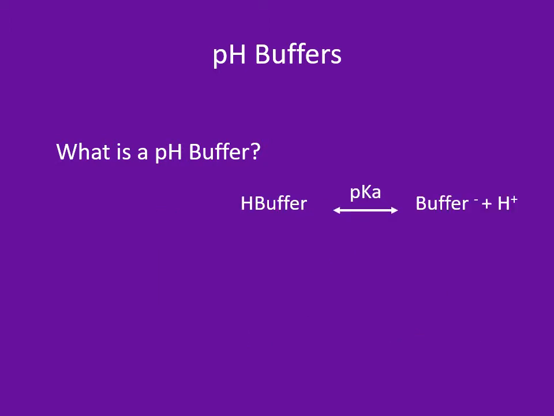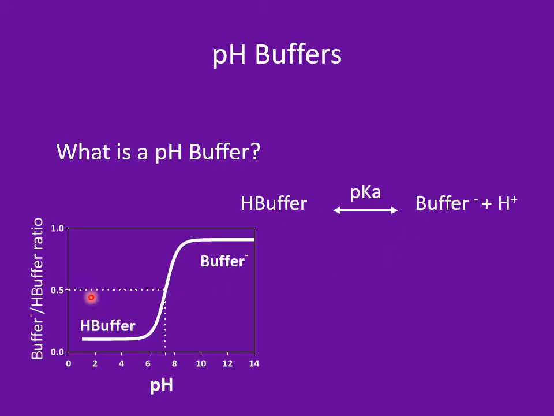The proportion of the buffer as an acid or a base will vary according to pH. Look at this graphic of the ratio of the base and acid forms of the buffer according to pH. If pH equals pKa, half of the molecules of the buffer will be in the acid form and the other half in the base form.